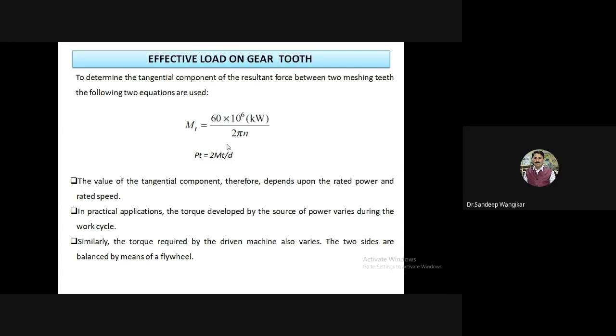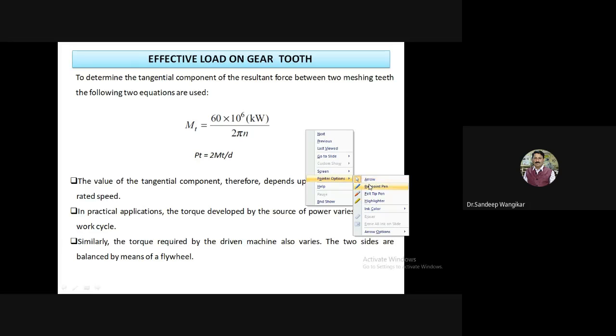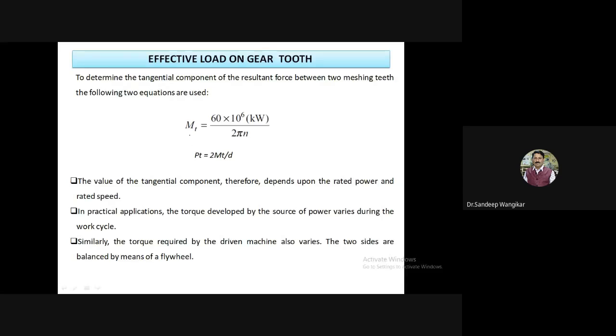To determine the tangential component of the resultant force between two matching teeth, two equations are used. Yesterday we already discussed M_t. The torque transmitted by the gear is given by M_t = 60 × 10^6 kW divided by 2π n.